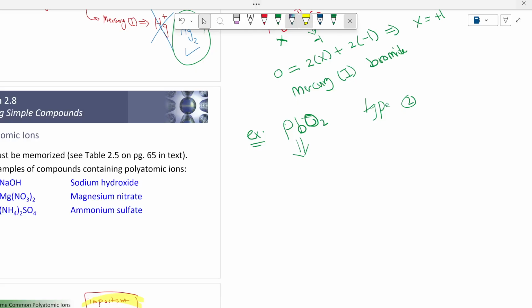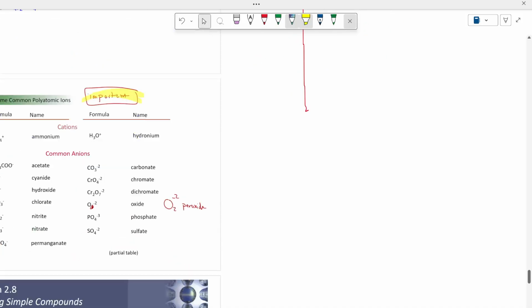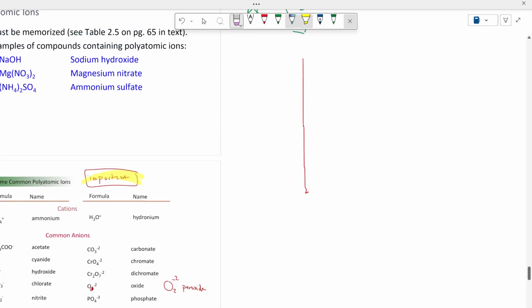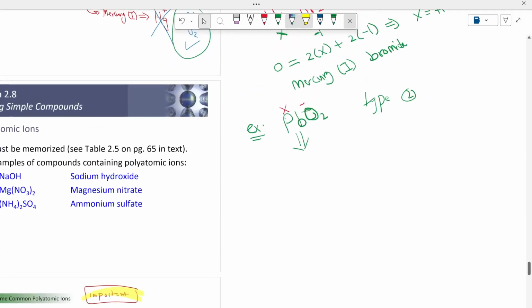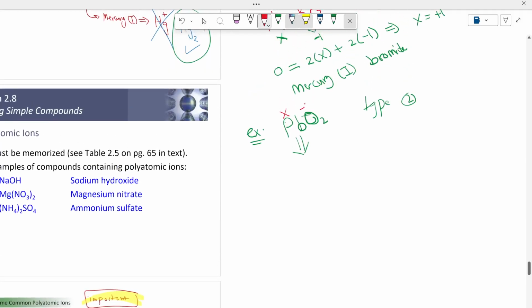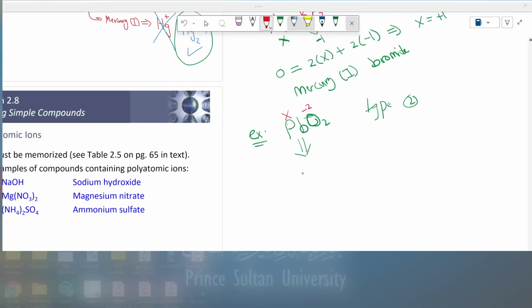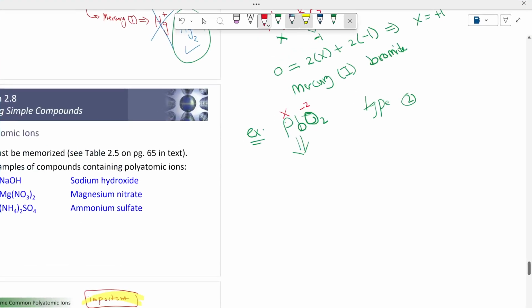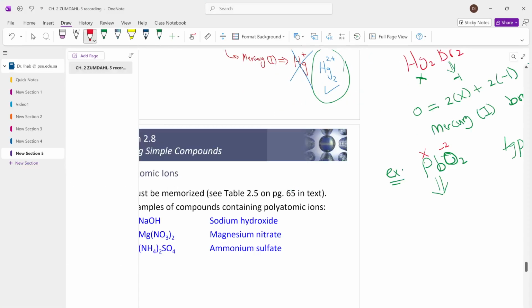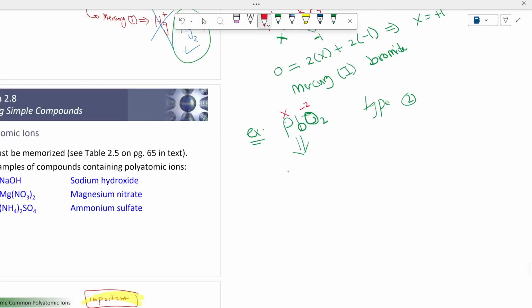So the charge of lead is again X. Oxygen is main group. You can find the charge from the noble gas. It will be -1. Sorry, it's -2. So here the total charge is 0. It equals the charge of lead.